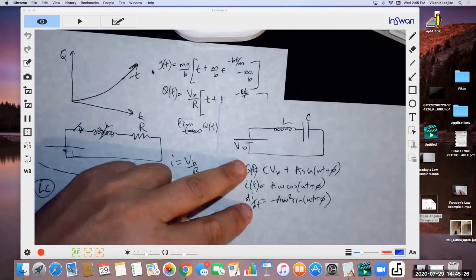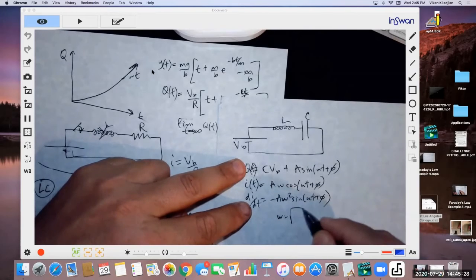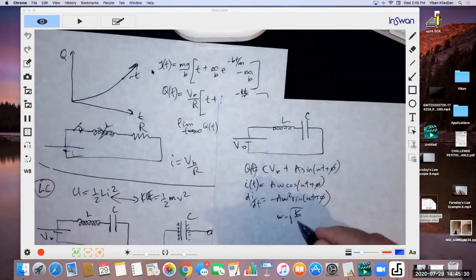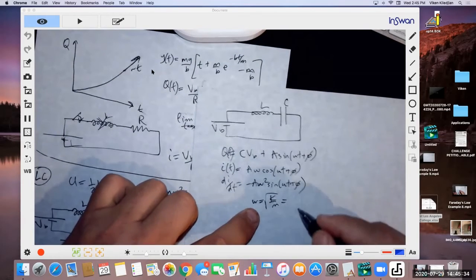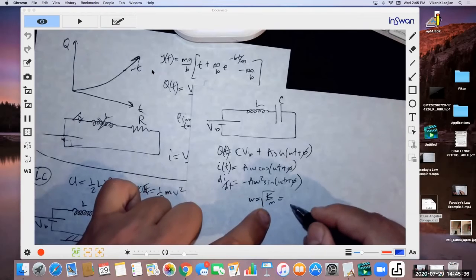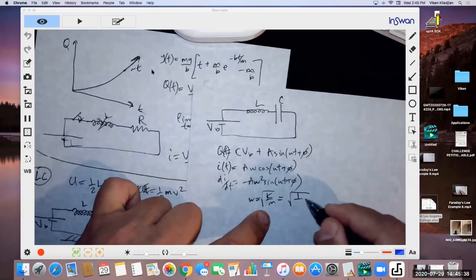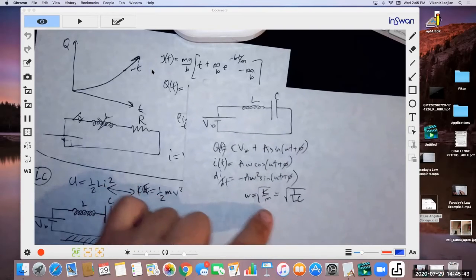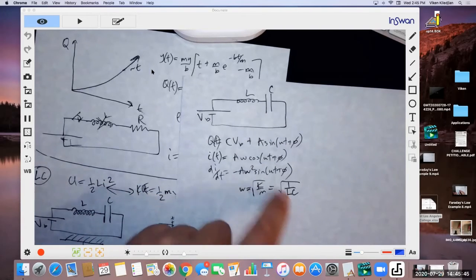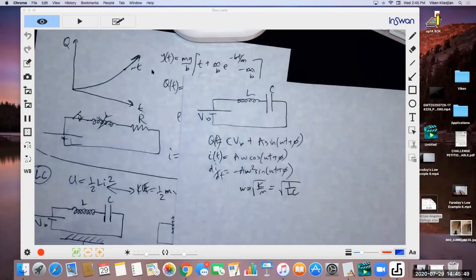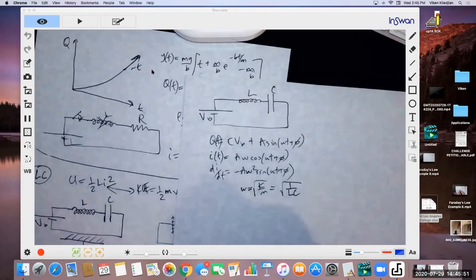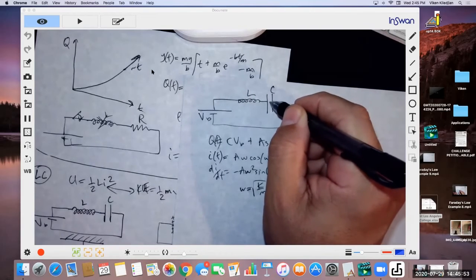Then omega is going to equal the square root of k over m, but now I'm going to replace m by L, and k by 1 over C. So that's the natural oscillating frequency of an LC circuit.